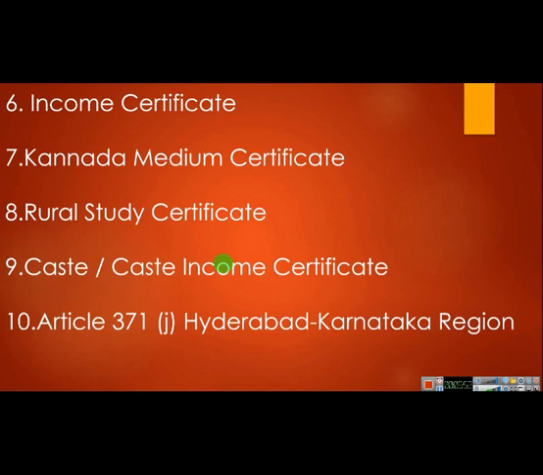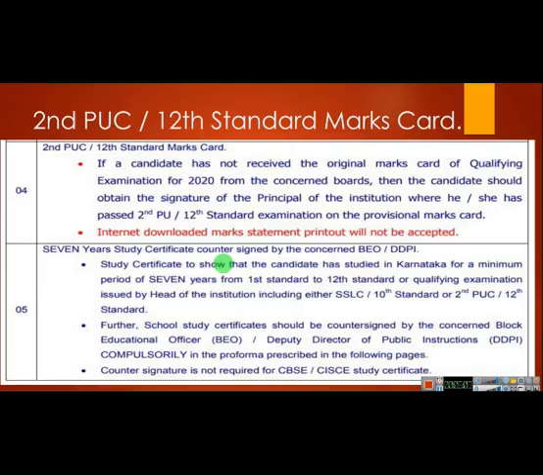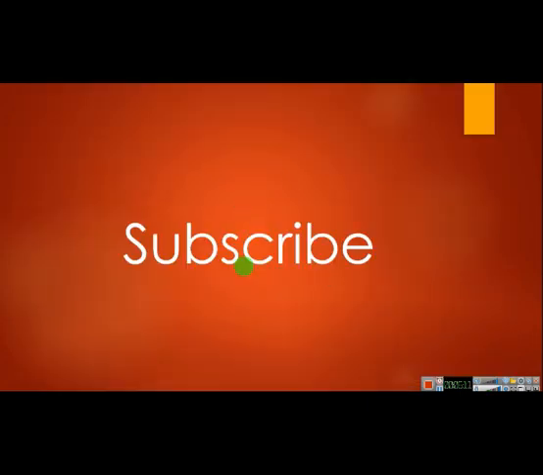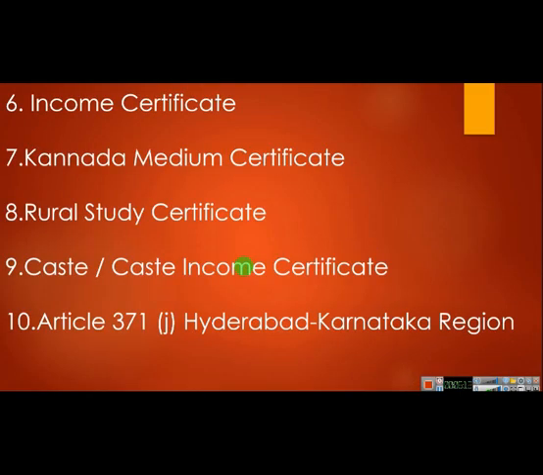So the next one is the income certificate. For the income certificate, you have many conditions over there, and you need to go through them. Whatever picture I have inserted here is a document downloaded from the CET website. That document link is given in the description box, you can check it out.